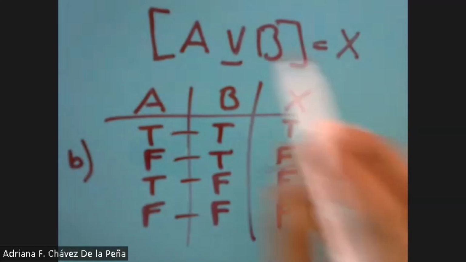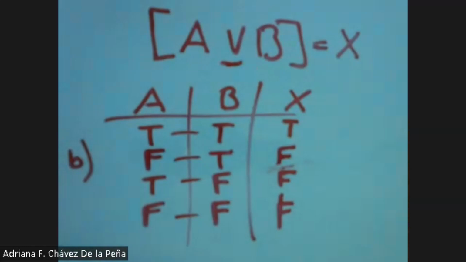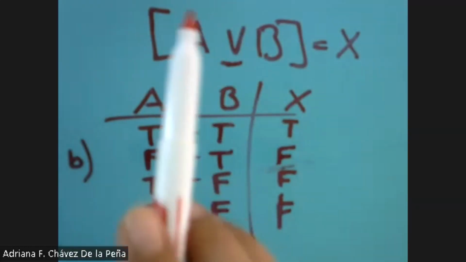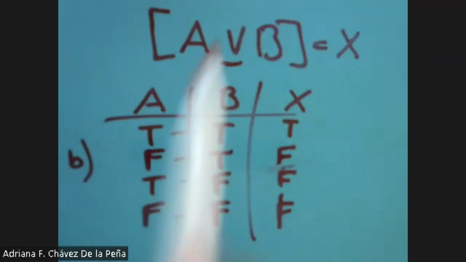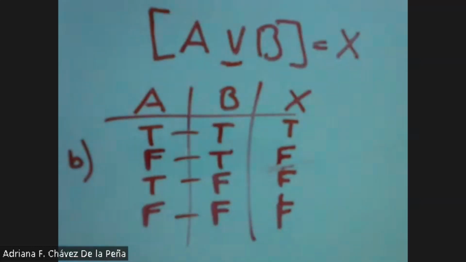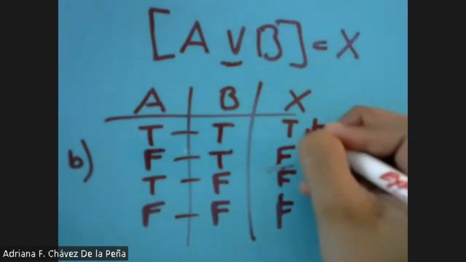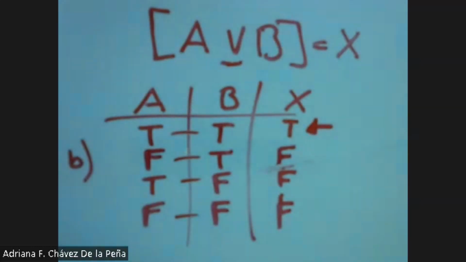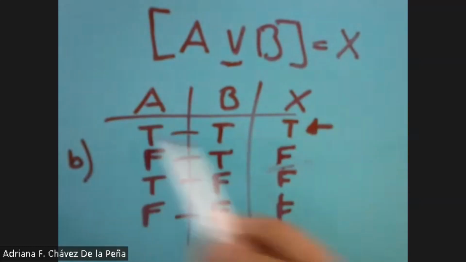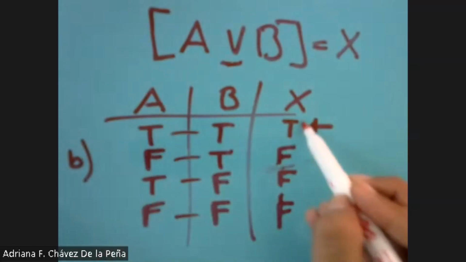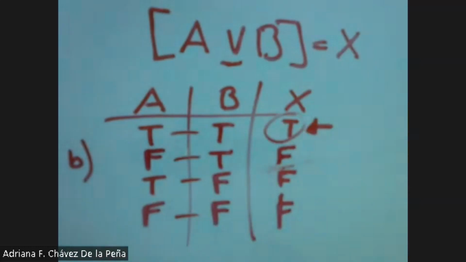And then we are told that what the XOR connective implies is that we have competing, mutually exclusive events where at least one of them has to be true. And in here, we can see directly that this definition is violated, because here we have a case where both A and B are true, and our XOR operator is given a value of true, and that goes against our definition.